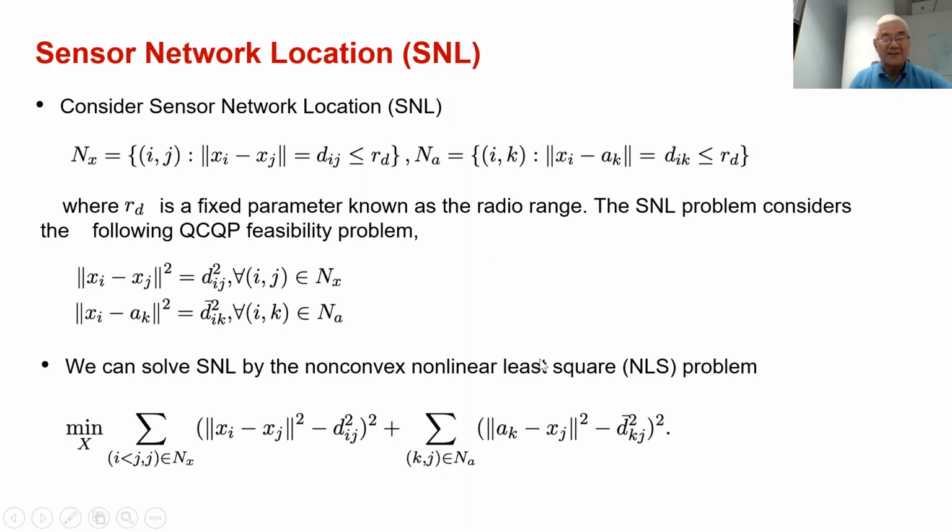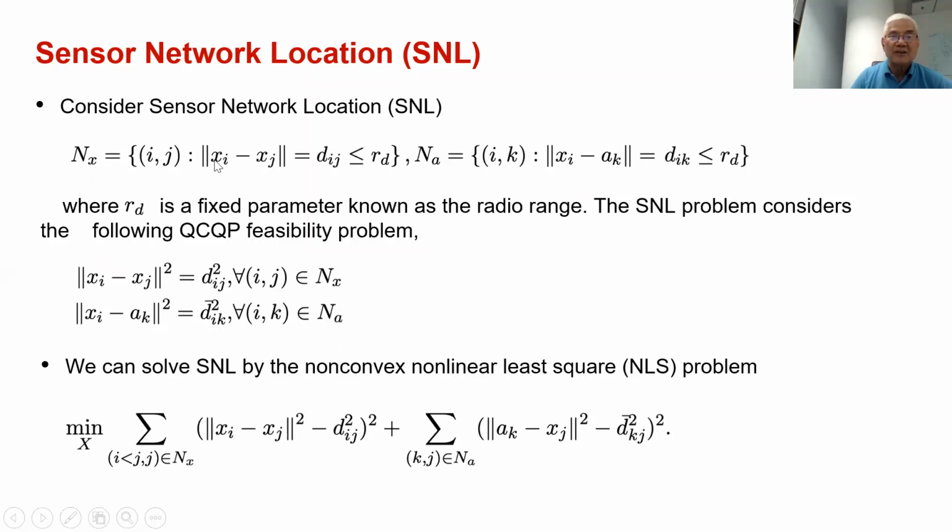This is called the sensor network localization problem. I don't know how many people have heard about this. It is typically a non-convex optimization problem. You have some points whose positions are unknown, but you can measure the Euclidean distance between two points if they are close, if the distance is less than R. Now the question is, when you collect all these pairwise distances for some pairs, can you go back and compute the locations of these points?